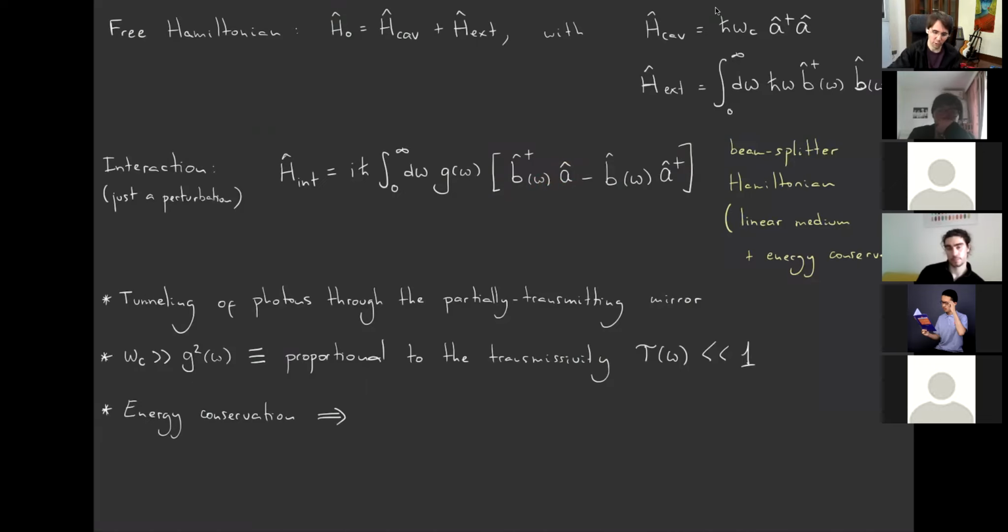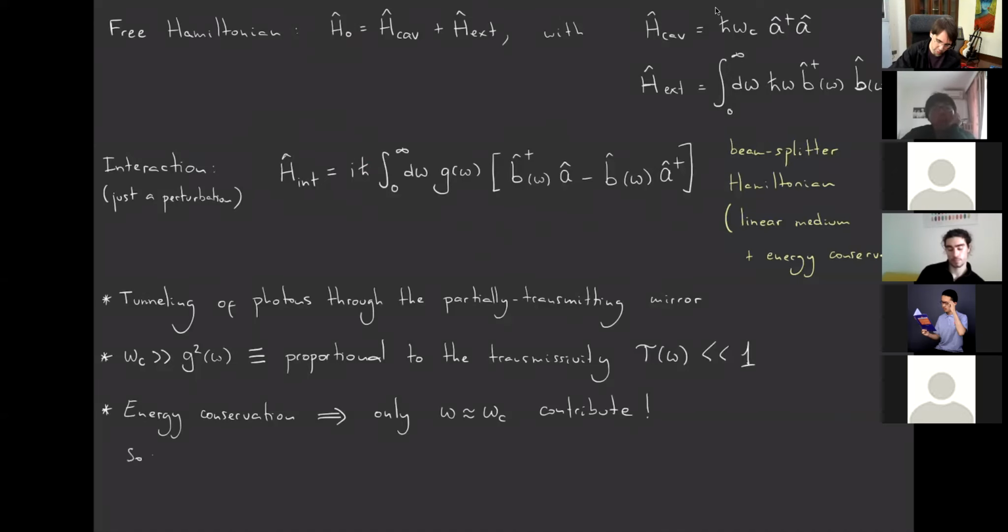They will not contribute. So in this integration from 0 to infinity, the only thing that matters is frequencies around the cavity frequency. Let me write this explicitly. Out of all the frequencies, only the omegas that are close to the cavity resonance, and we will see what close means exactly, will contribute.